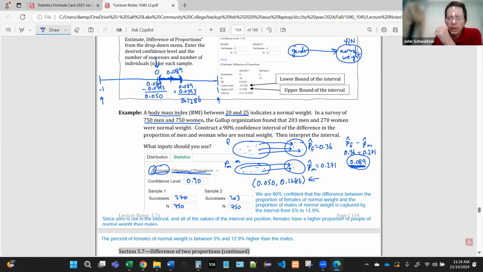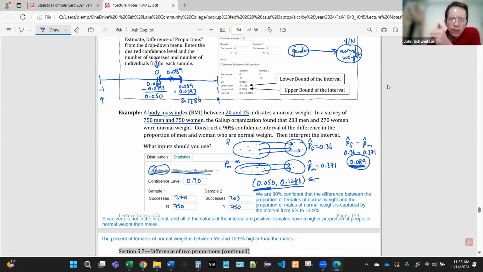This confidence interval is saying there is a difference between the females and males, and the females have a higher proportion of people who are of normal weight. It could be as low as 5% more, or as high as maybe 13% more. So that's pretty much what we did in 5.7 last time.